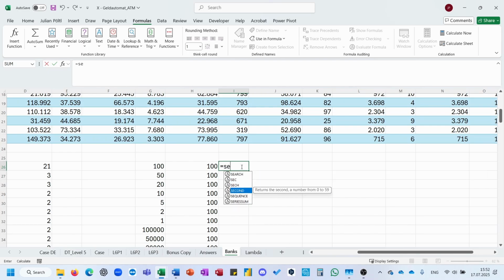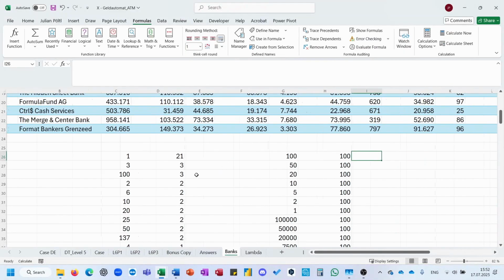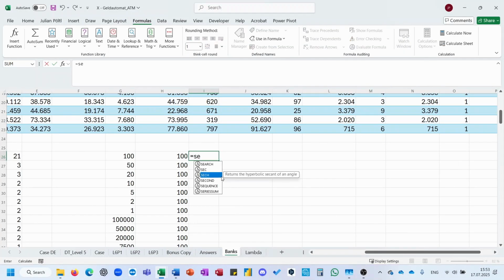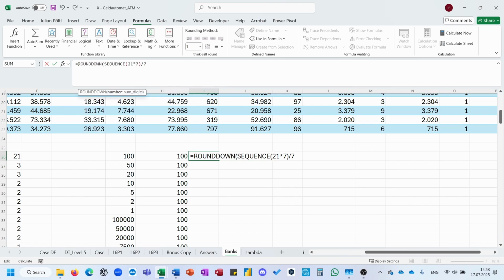Okay, and then we need sequence. How many banks do we have? 21 banks. Sequence 21 times 7 divided by 7 and round down. And then we get the bank number next to the nodes and the amount.